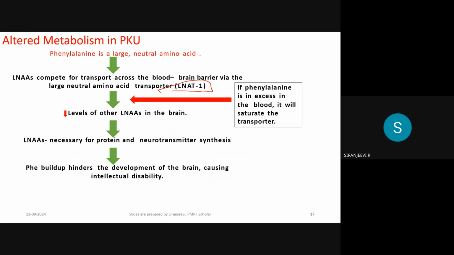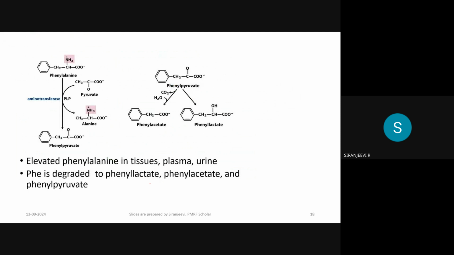And if any phenylalanine exists, it goes and occupies this LAT1, so that reduces the other large neutral amino acids in the brain. So that leads to a shortage of what is necessary for protein and neurotransmitter synthesis, such as tryptophan in this case. And phenylalanine buildup hinders the development of the brain, causing intellectual disability.